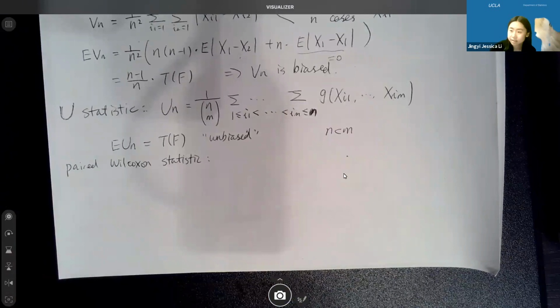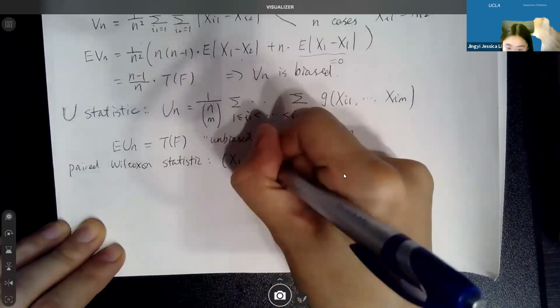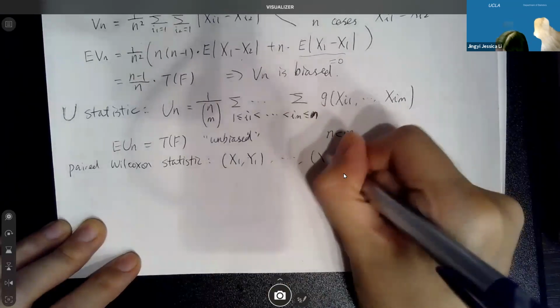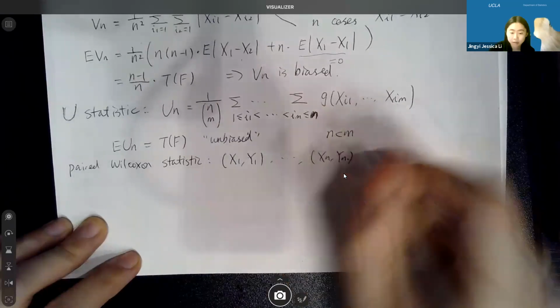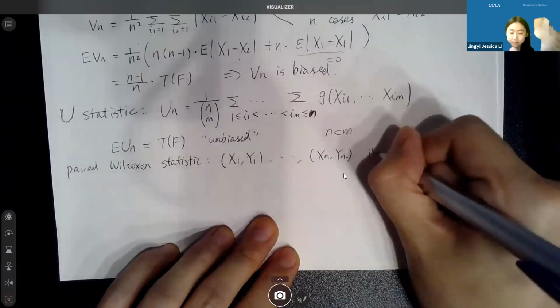Let's say our sample is paired: X1, Y1 to Xn, Yn. They are paired, and of course we assume they are paired IID.